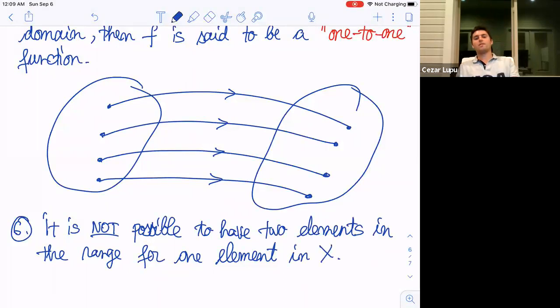So you cannot map one element from the domain to two elements in the range.